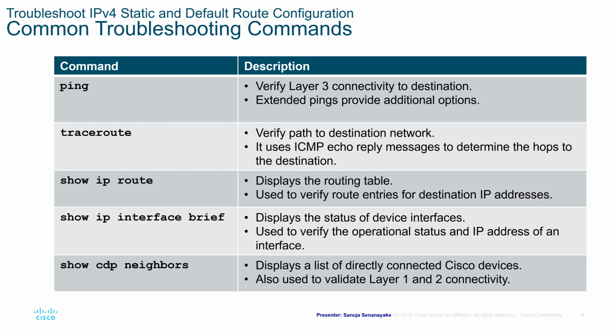Show CDP neighbors displays a list of directly connected Cisco devices, also used to validate layer 1 and layer 2 connectivity. So those are the very important commands that you can use for troubleshooting: ping, traceroute, show IP interface brief, and show CDP neighbors.